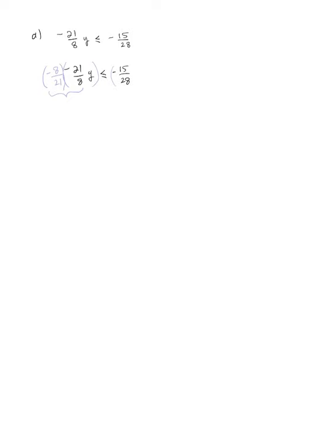Let me do the same thing on the other side. So what do we have so far? We have y is less than or equal to, now we have a negative times a negative, so that's going to be a positive number. So I'm just going to drop the sign. It's going to be 15 over 28 multiplied by 8 over 21.